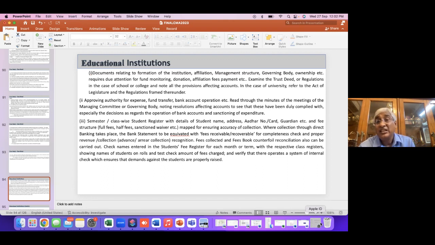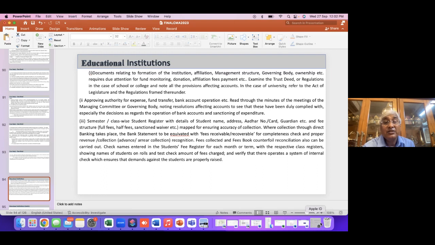If it's a trust, then of course the trust deed should be there. If it's a private partnership, then the partnership deed has to be there. Like that, there are different types of organization. If it's a corporate hospital like Apollo's, then the specific regulations under the Companies Act are applicable.